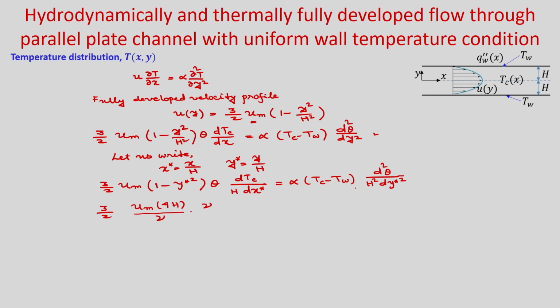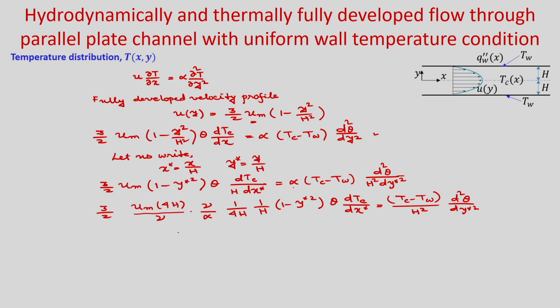I am multiplying by ν, and on the right hand side α is there, so I am dividing by α. 4h I have multiplied, I am dividing by 4h, 1 by h is there, then you have (1 - y*²) θ dT_c/dx* is equal to (T_c - T_w) divided by h² d²θ/dy*².